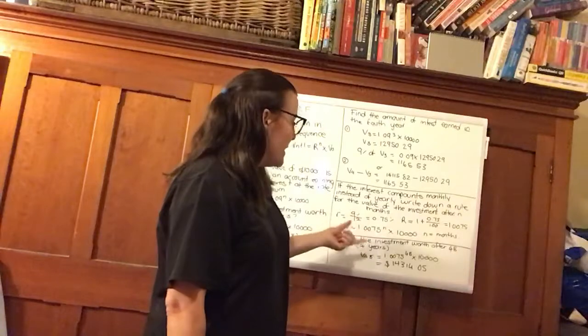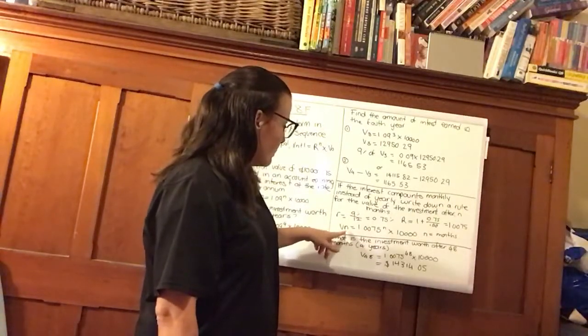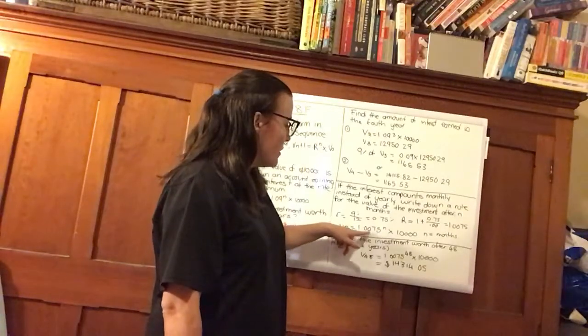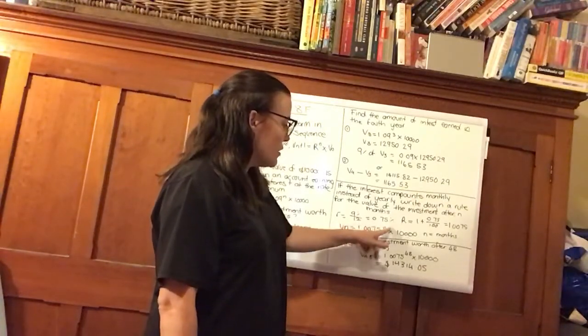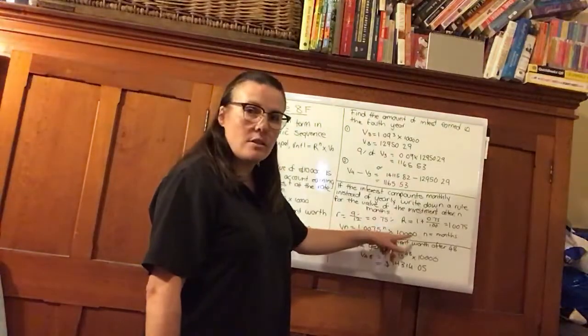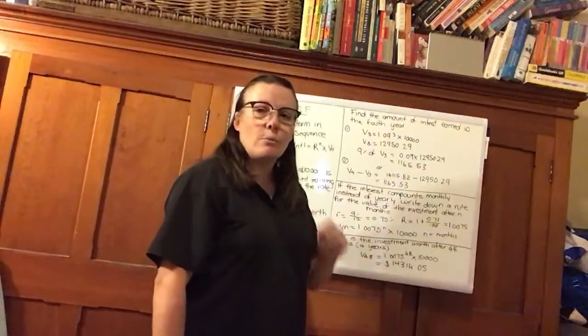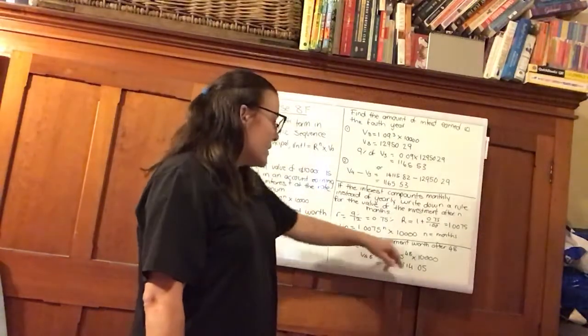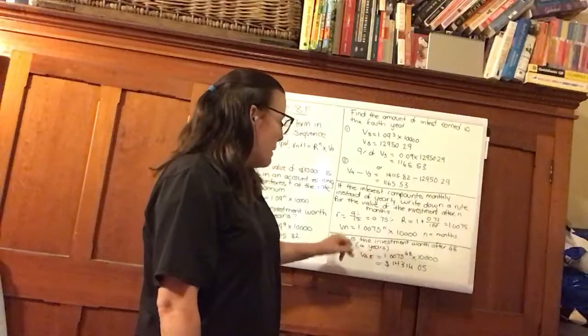Okay, so we can now work it out. We've got Vn is equal to 1.0075 raised to the power of n multiplied by $10,000, where n is going to represent the number of months. What is the investment worth after 48 months?